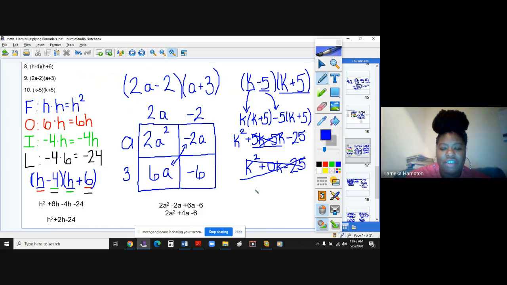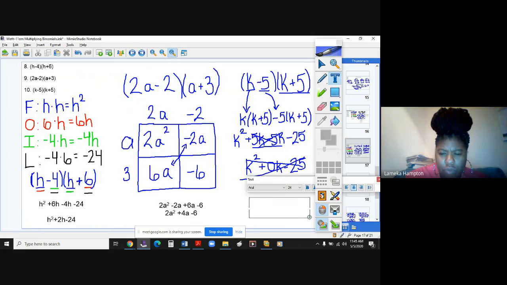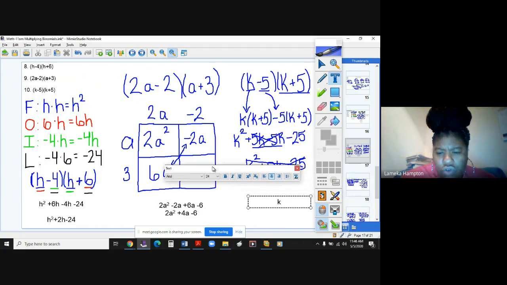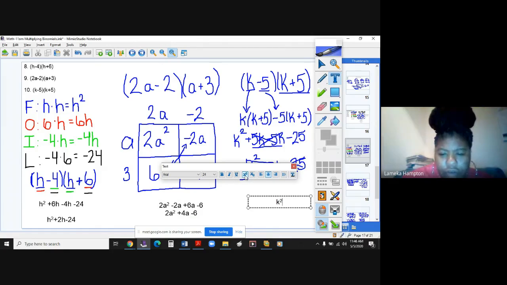So my final answer would be, and I'll go ahead and type it to keep the uniformity. All right, so again, I have k squared plus 5k minus 5k minus 25.